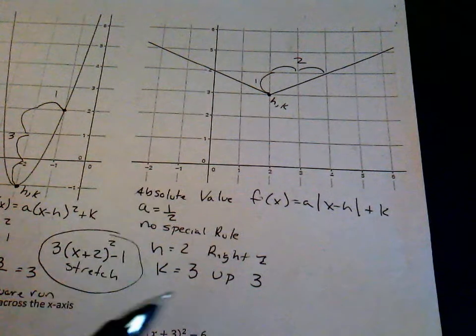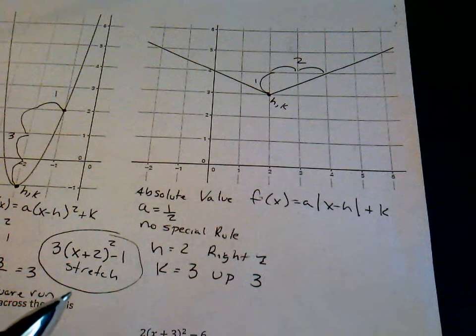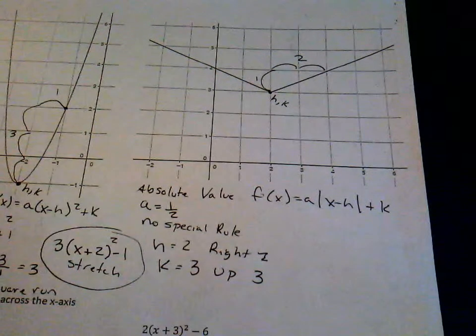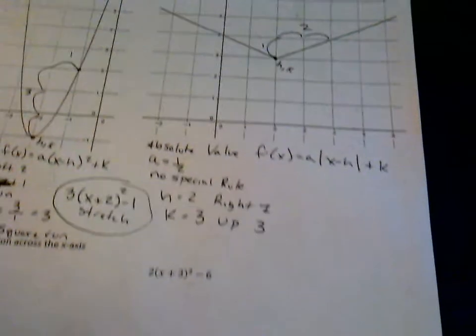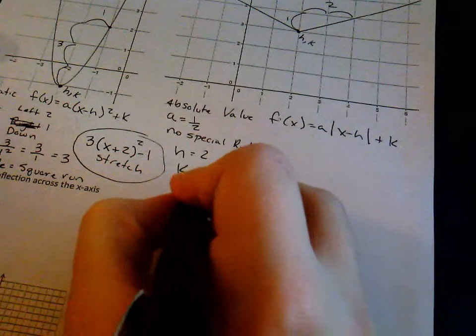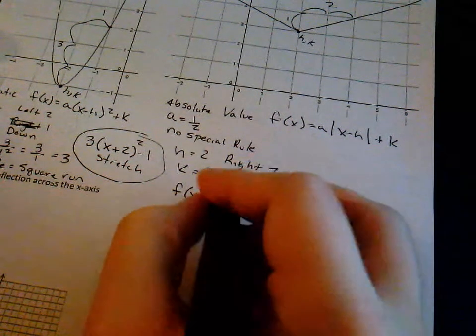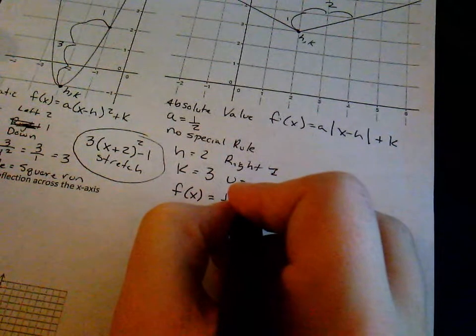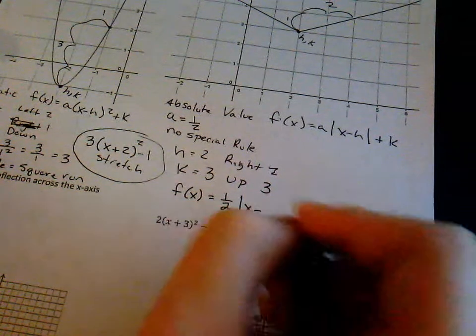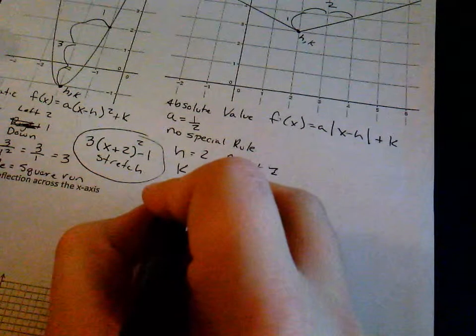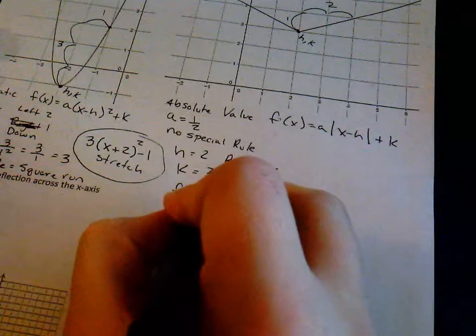That's all this right, left, up, down means, is that we're moving up, down, left, or right from this point where the parent function technically started. So if I filled all this in, you get f of x equals 1/2 absolute value of x minus 2 plus 3. And this one would be a shrink as well.